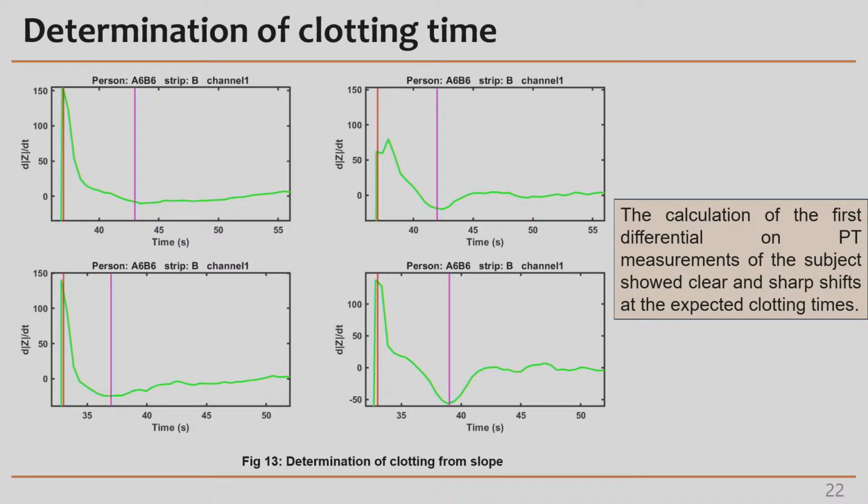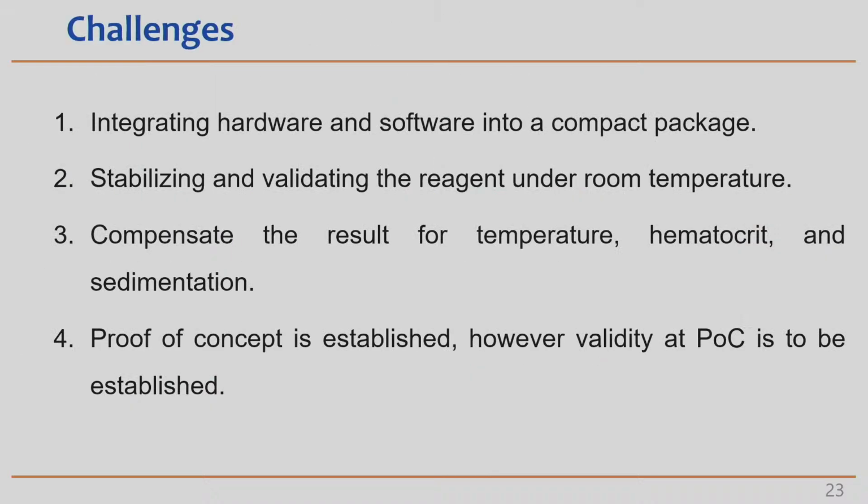These are the same readings that we previously saw, but as slopes of curves. Once we determine the slope of each curve, from this slope we are able to detect the point of clotting without intervention of a human, simply by using an algorithm. So this is the point at which we are right now.